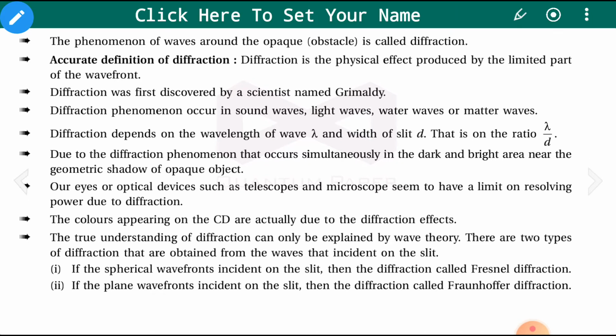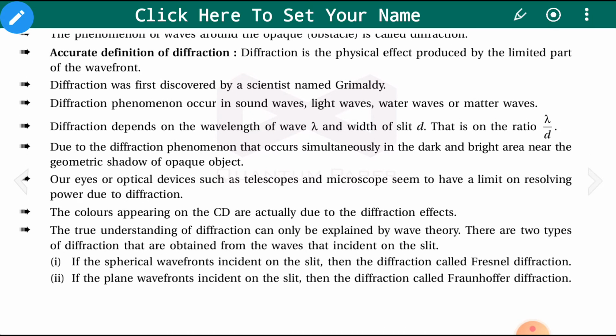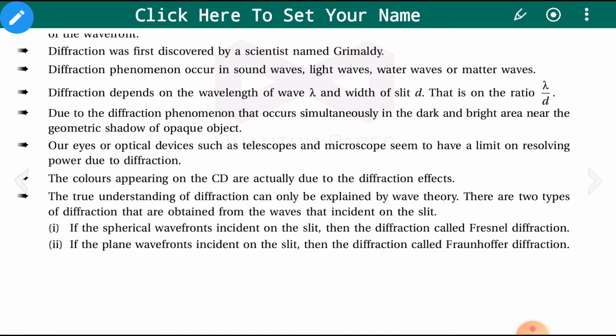Diffraction is the physical effect produced by a limited part of the wavefront. Diffraction was first discovered by the scientist Grimaldi. Diffraction occurs in sound waves, light waves, water waves, and matter waves.